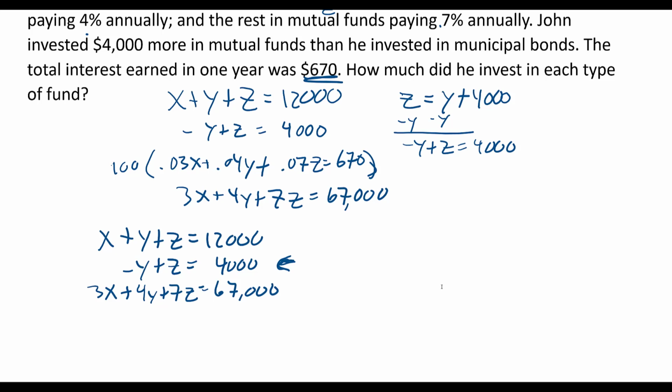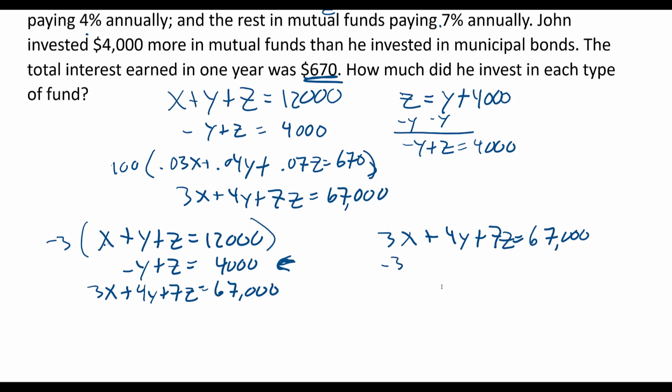So if I take the first one and the third one, so I'm going to take that 3x plus 4y plus 7z equals 67,000. And I want to eliminate the x, so I'm multiplying the first one by negative 3.